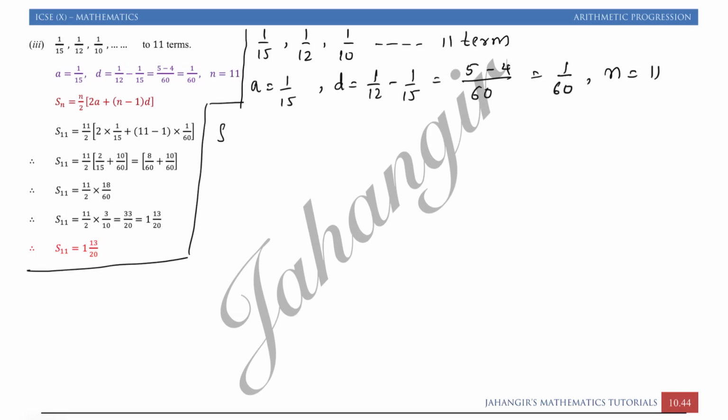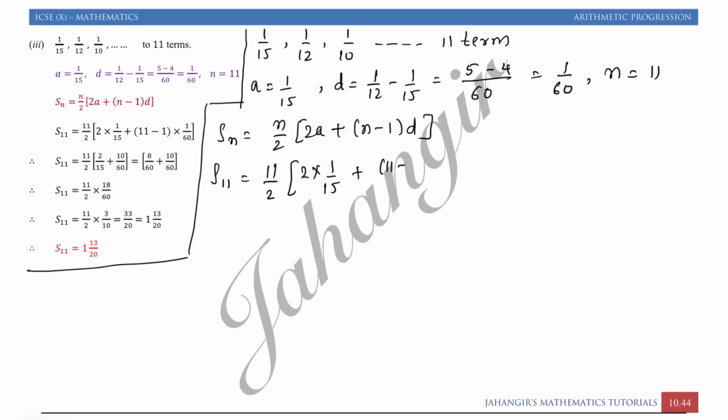So Sn formula we know: n by 2 into (2a plus (n minus 1) into d). This is the formula for Sn. So now we have to find S11. So 11 upon 2, just place all values. 2 into a value, which is 1 by 15, plus n minus 1, that is 11 minus 1, into 1 by 60.